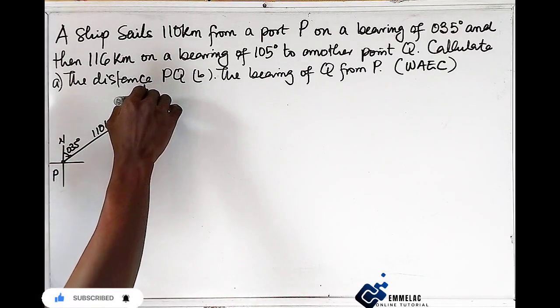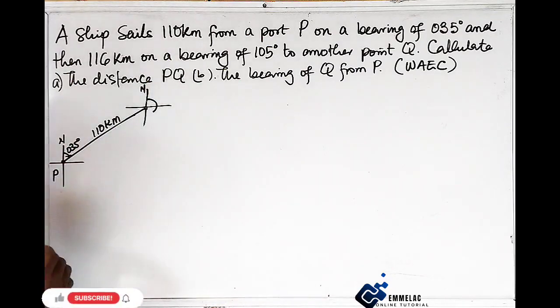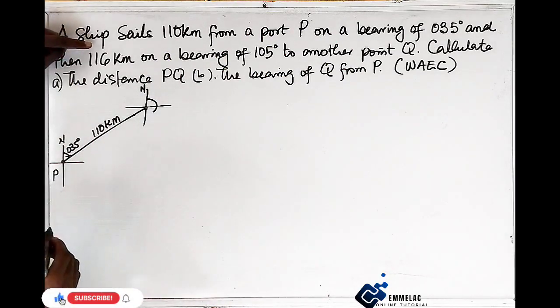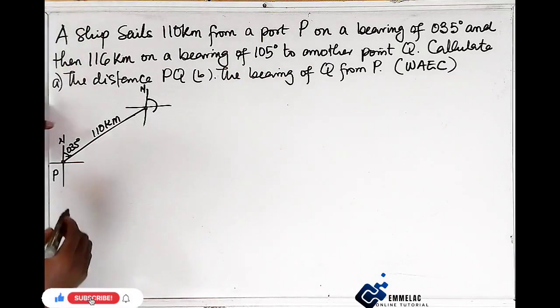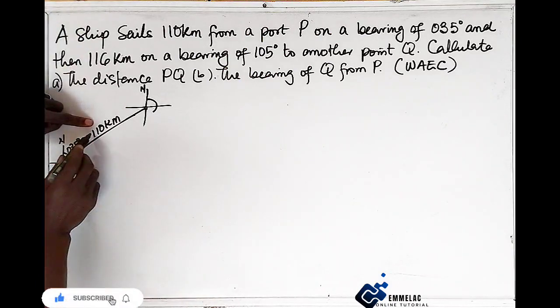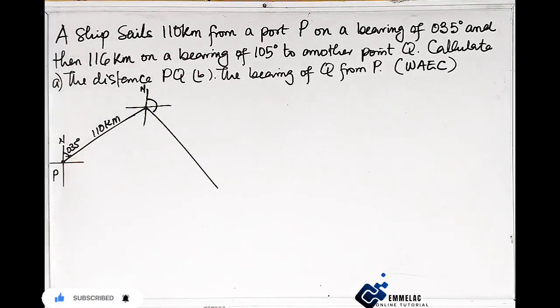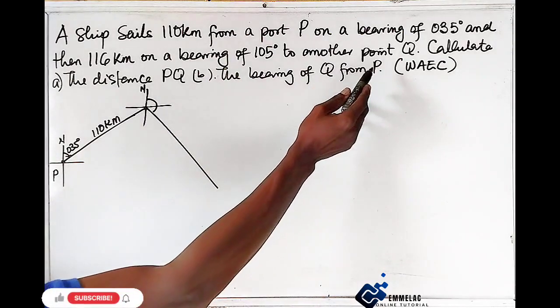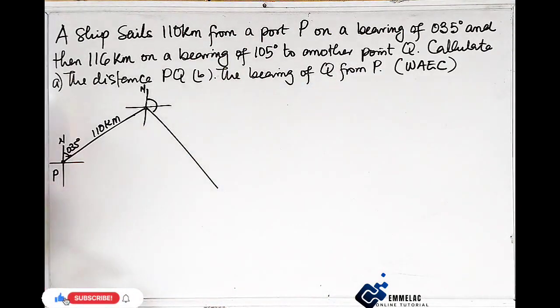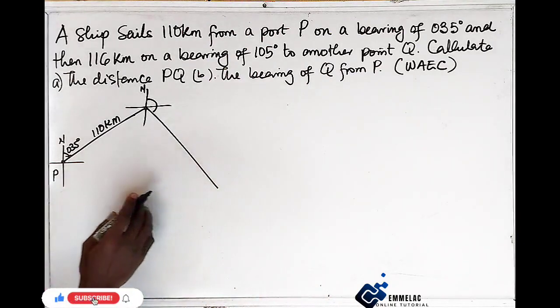So from here we have it going to this side, with a bearing of 105. That is a bit longer than this, so let us draw it this way, to another point, port Q. This is the port Q.